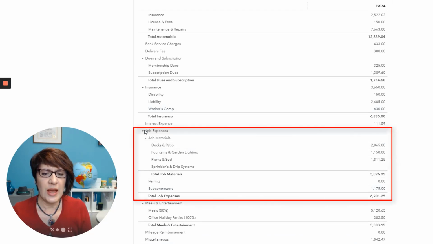But see here where we have job expenses and specifically job materials. We have deck and patio materials, fountains, plants and sod, sprinklers, drip systems, even some permits and subcontractors. So all of this is part of their job expenses.